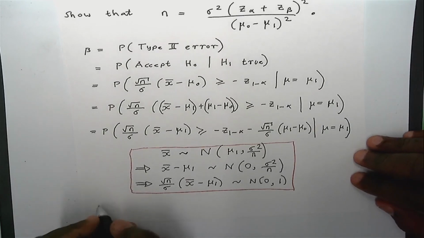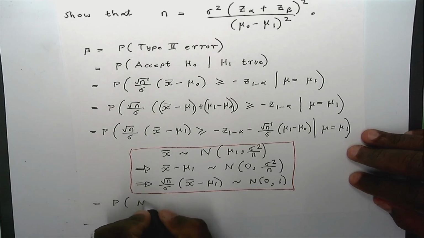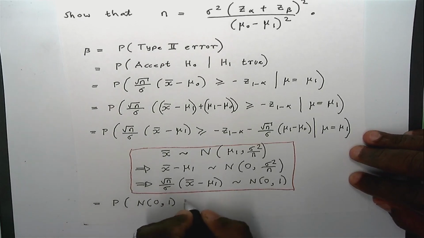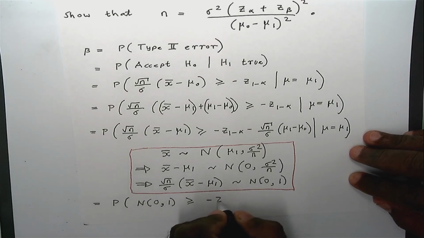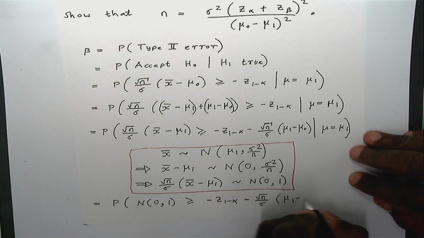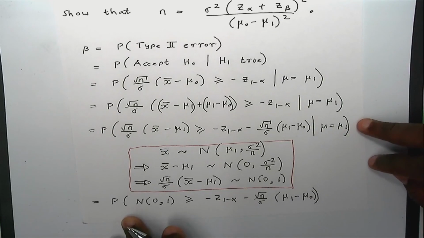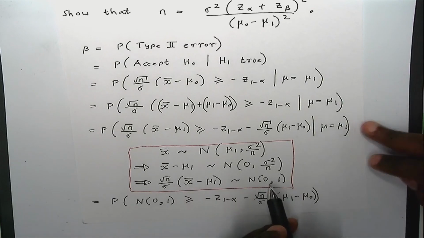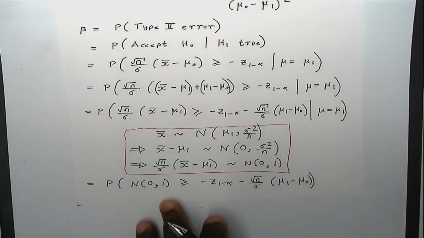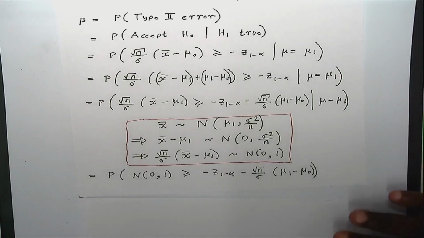Alright, so using this, you can write this as the probability that N(0,1) is greater than or equal to, once again, I have removed the conditioning from this line to this line, right? Because the conditioning has been used to argue that this has a standard normal. Right, now in the next line, here we go.